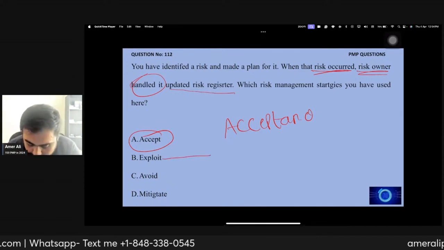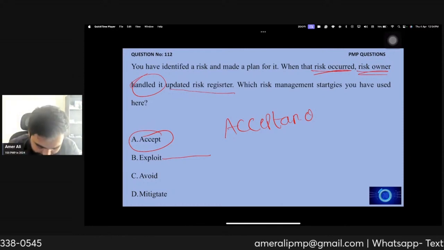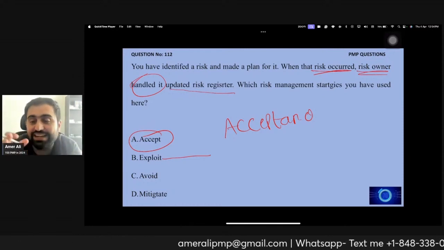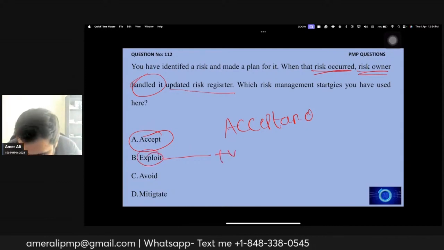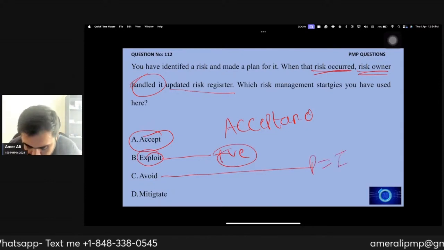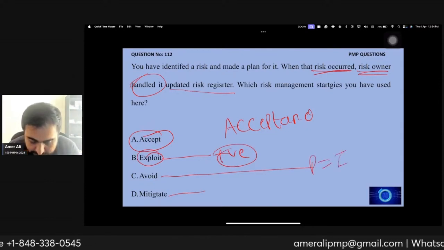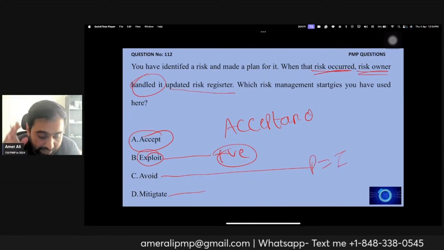It's not exploit. For exploit, you would have made the probability zero or the impact zero in some way. That did not happen. Exploit is actually a positive term. We never avoided it, and mitigation is not there, right? So these are the risk management strategies we worked on. I hope that makes sense.